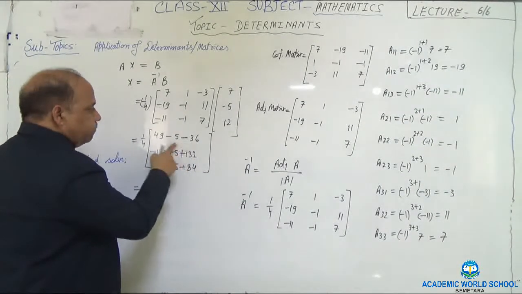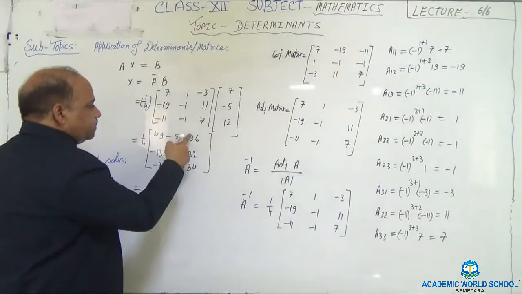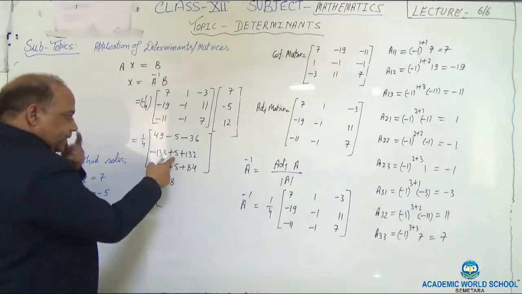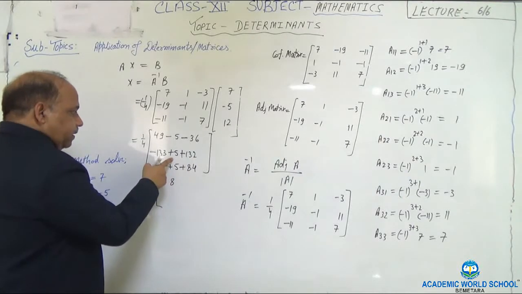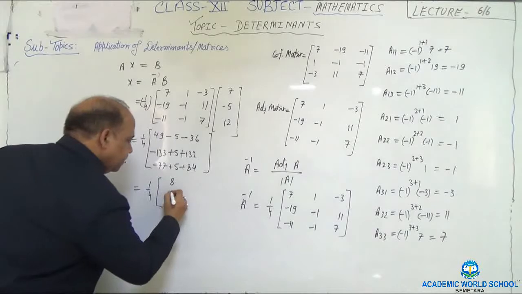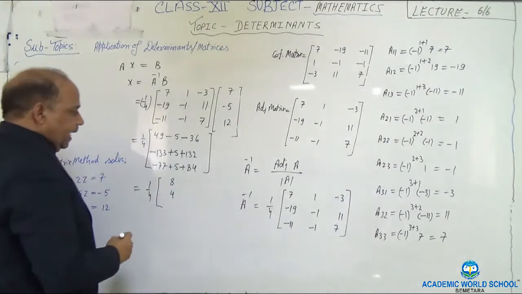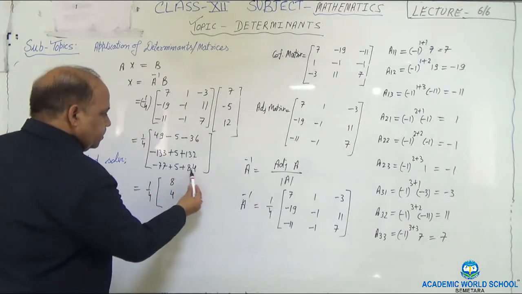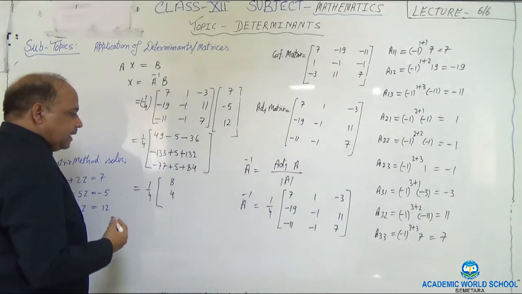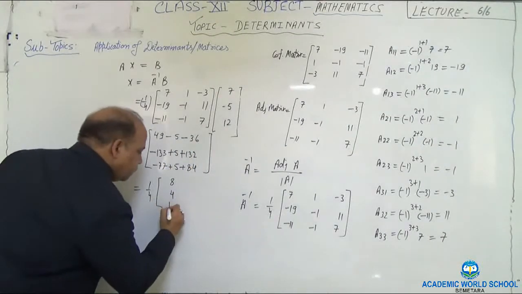See that this is 41. 49 minus 41 is 8. Then this becomes 137 minus 133, it gives you 4, and then it becomes 89. 89 minus 77 gives you 12.